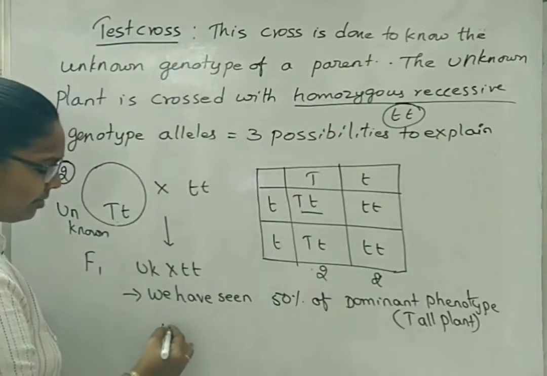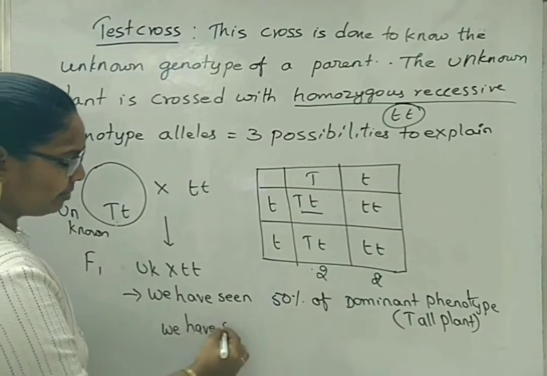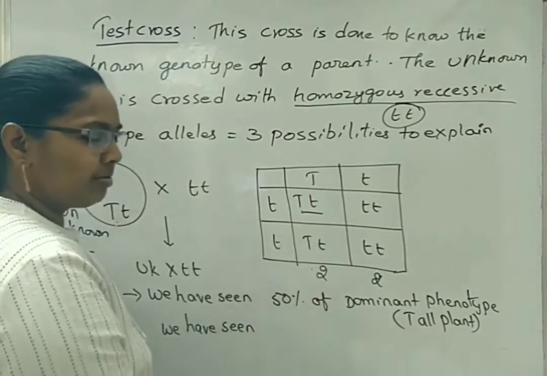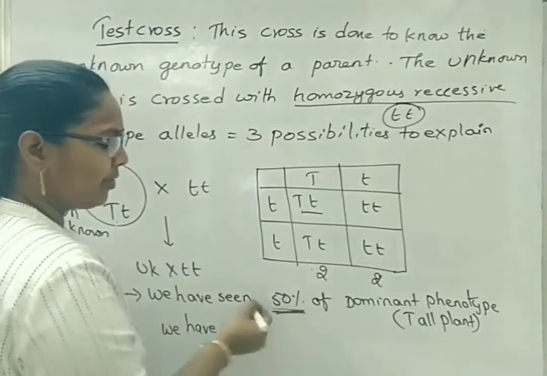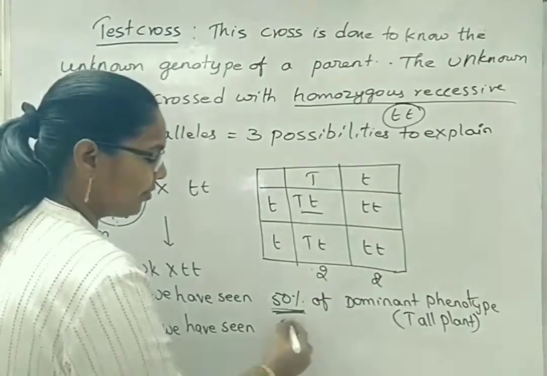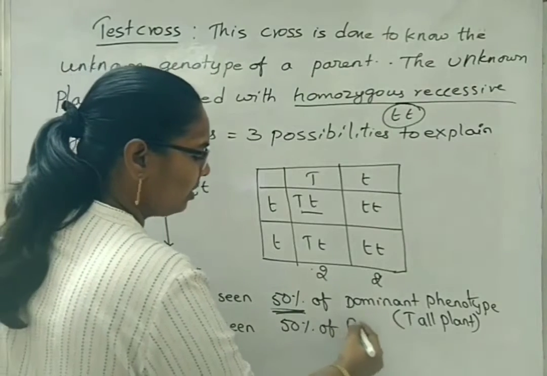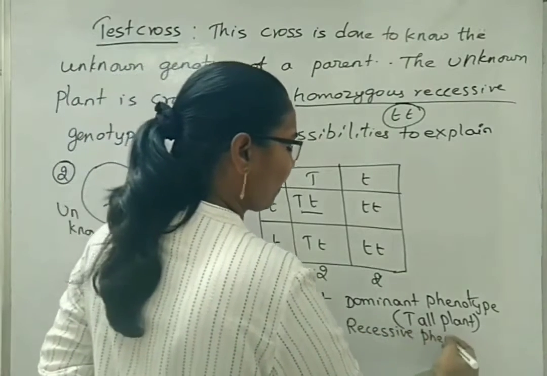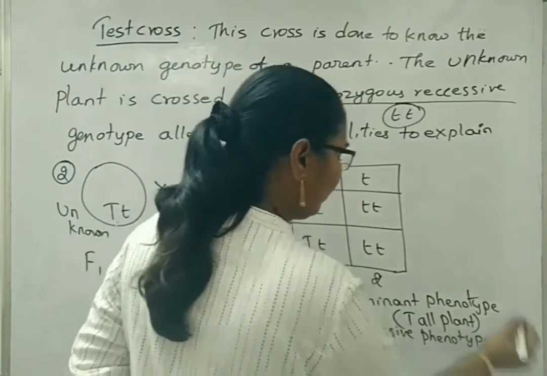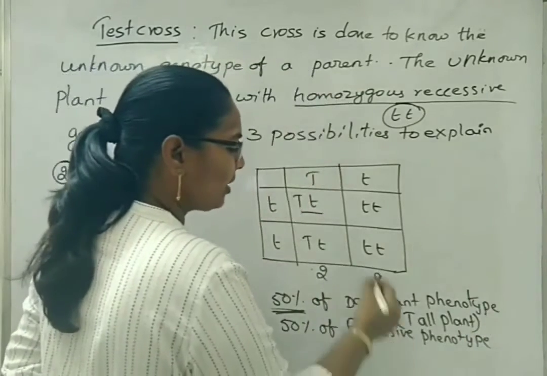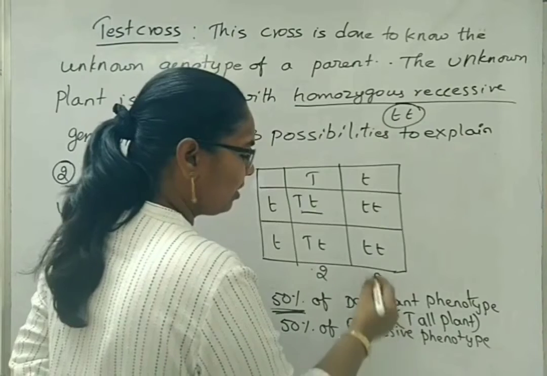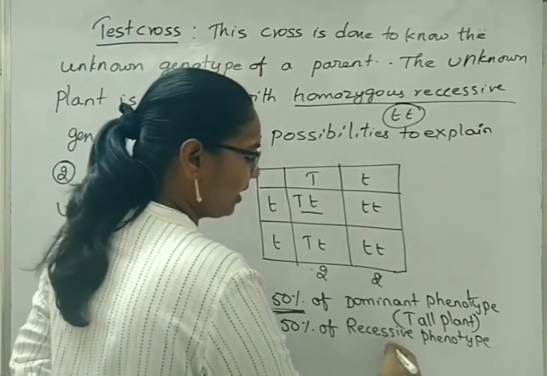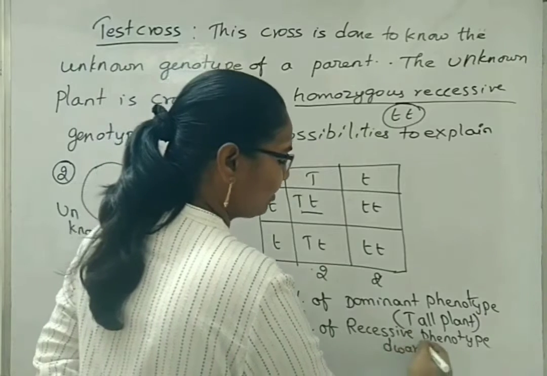We should write like this so that as students we will understand this type of answers also. 50% of recessive phenotype. What are recessive? Homozygous, this one, dwarf or a homozygous recessive type of expression in the offspring. Then it will be dwarf plants.